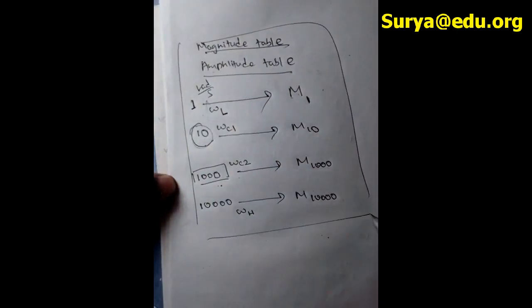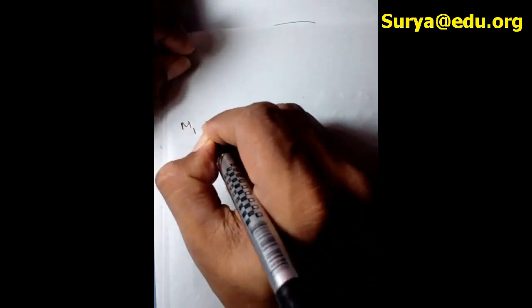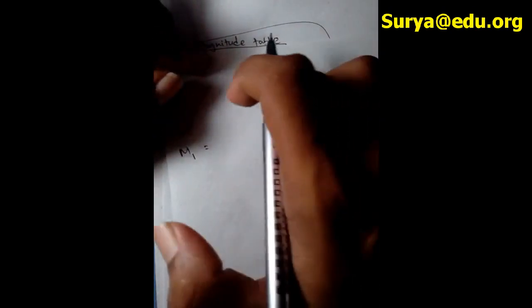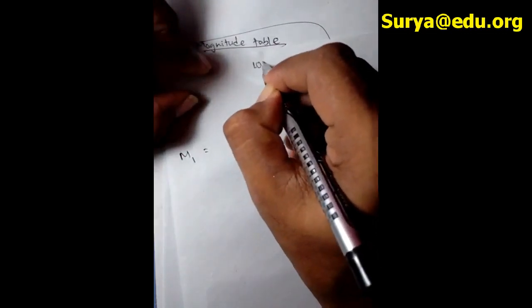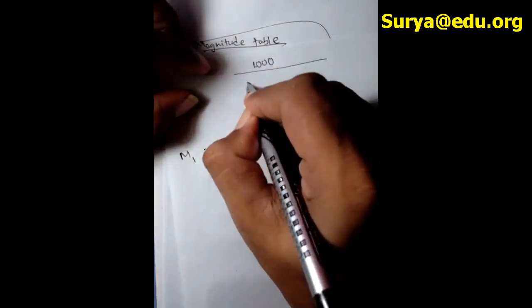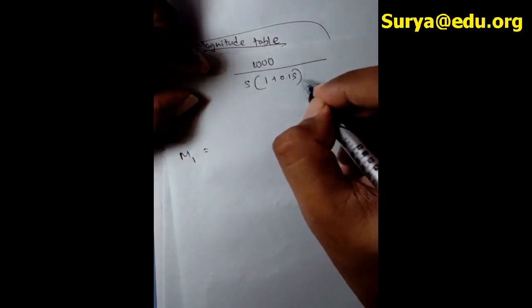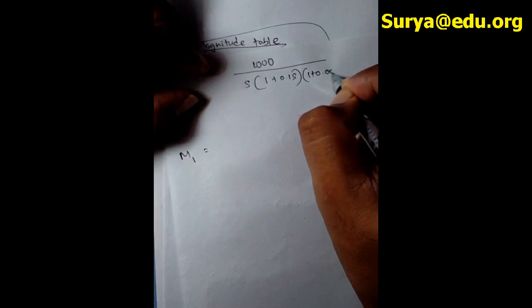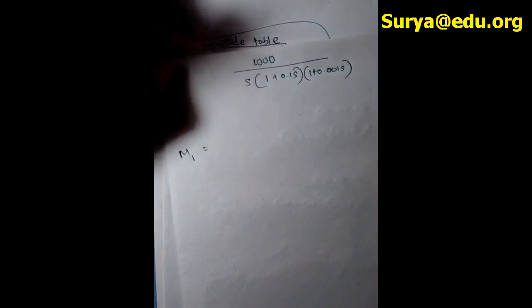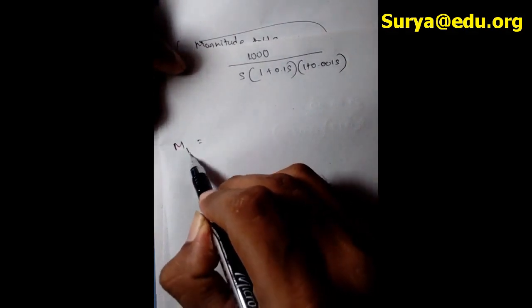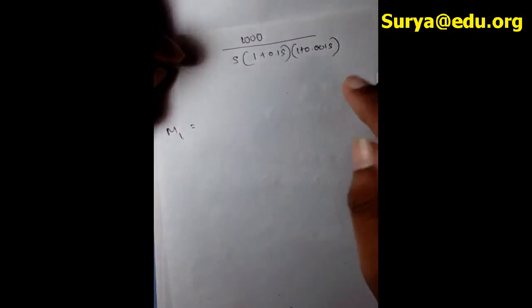Right, so what is the first thing we need to find? M1. So now I will teach you how to find M1. Before doing the calculation, it is really better to have the transfer function in your mind: 1000 divided by s times 1 plus 0.1 s times 1 plus 0.001 s. Okay, so now our target is to find magnitude 1. So what is this magnitude? It's okay, I will better write this.